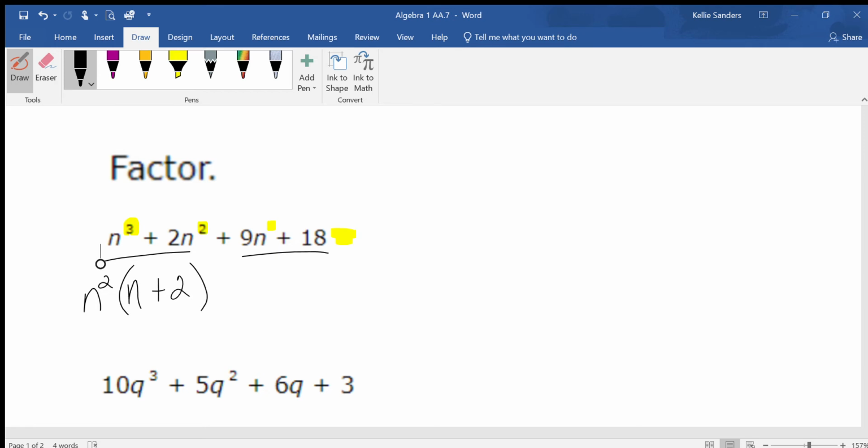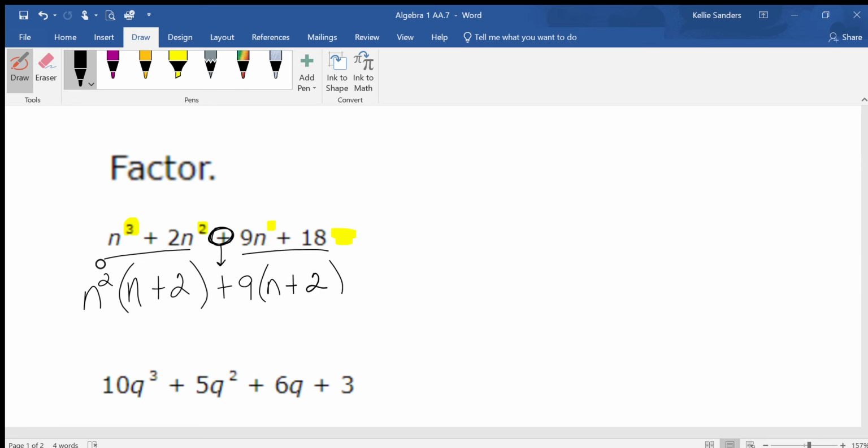Then whatever the sign is in front of your second line, it's going to come down. Then we're going to look at the 9 and 18. What's the biggest number that goes into 9 and 18? 9. And then there's no n in both, so I'm not going to take out an n. And then we divide by 9 and get n minus 2.